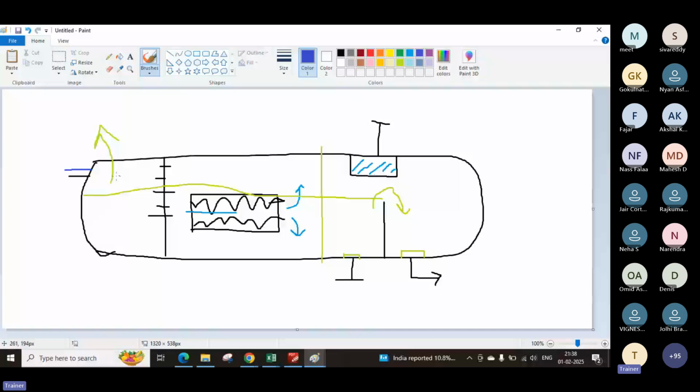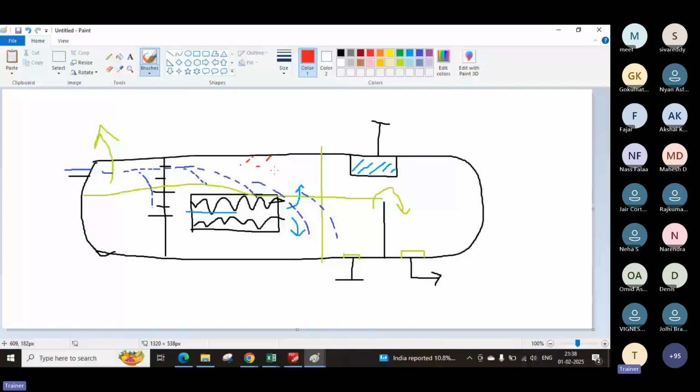But as it comes into this region, there are three phases. So liquid will try to go down, where the gas will continue to rise.